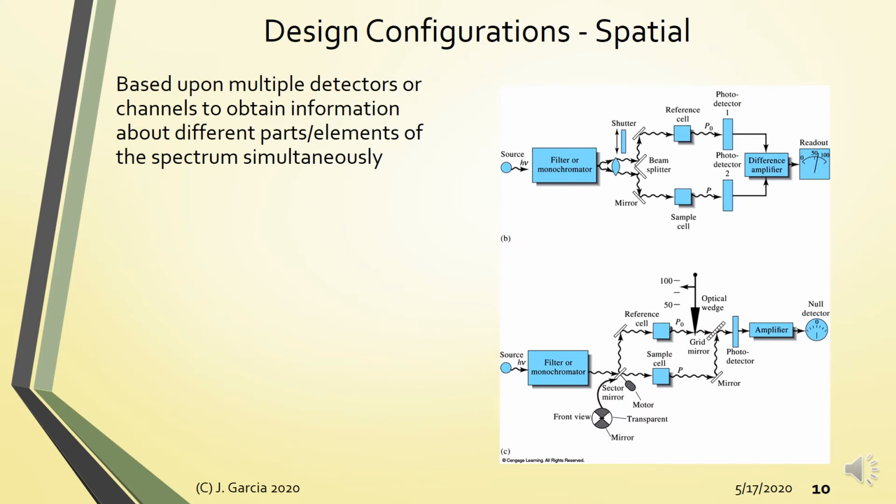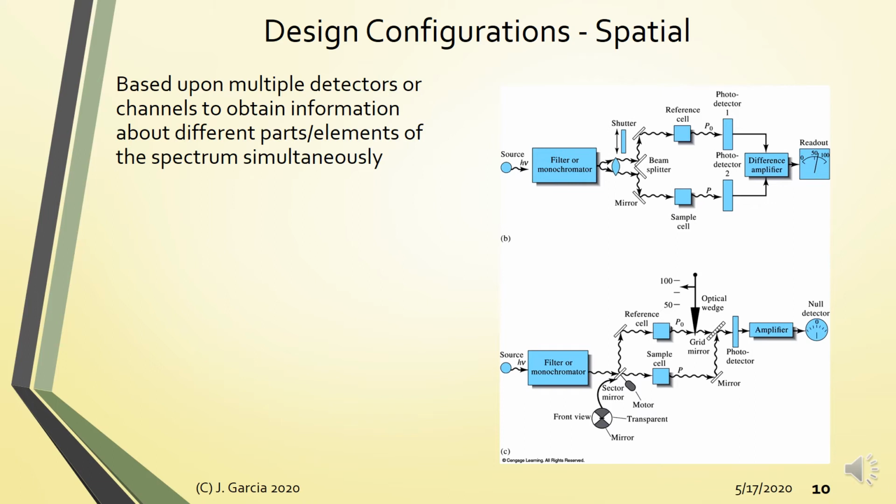Next you have your spatial design, and this is the principle behind a double beam optical instrument. A spatial design is based on multiple detectors or channels to obtain information about different parts or elements of the spectrum simultaneously.